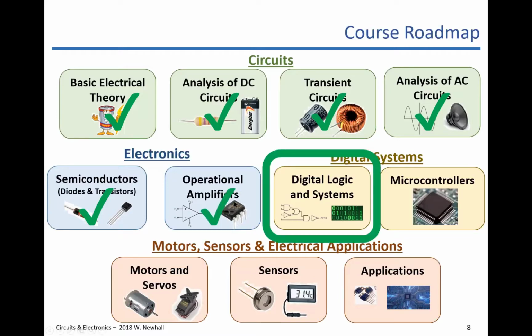That's a very good segue into digital logic and digital systems, which use binary systems, two different levels to represent information. Ones and zeros, highs and lows, trues and falses. Okay, so let's start our discussion on digital topics, on digital logic and digital systems.